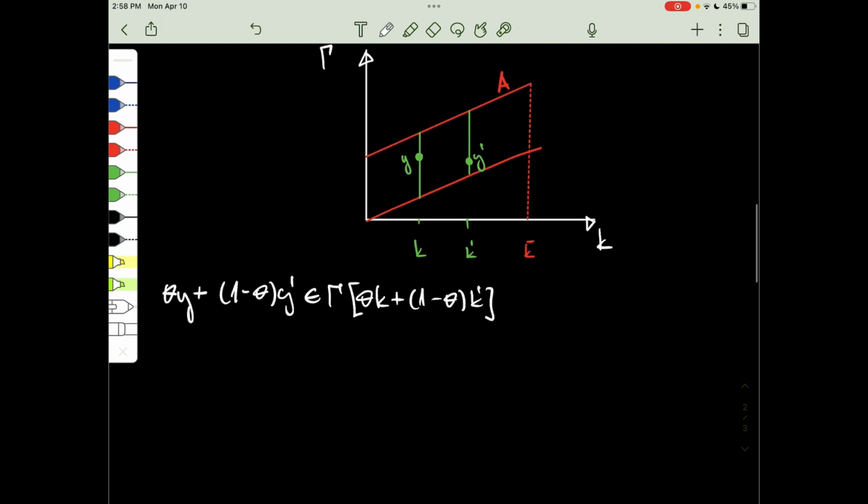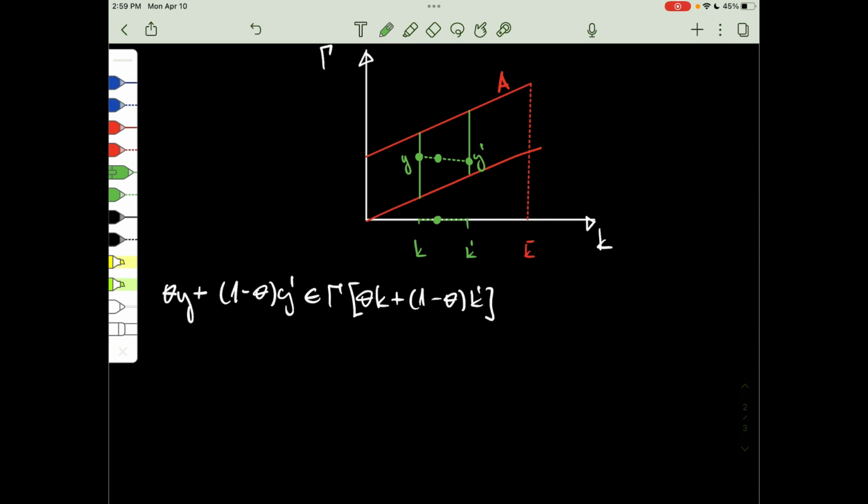So any convex combination of these points is an inner point at any convex combination of the capital stocks.